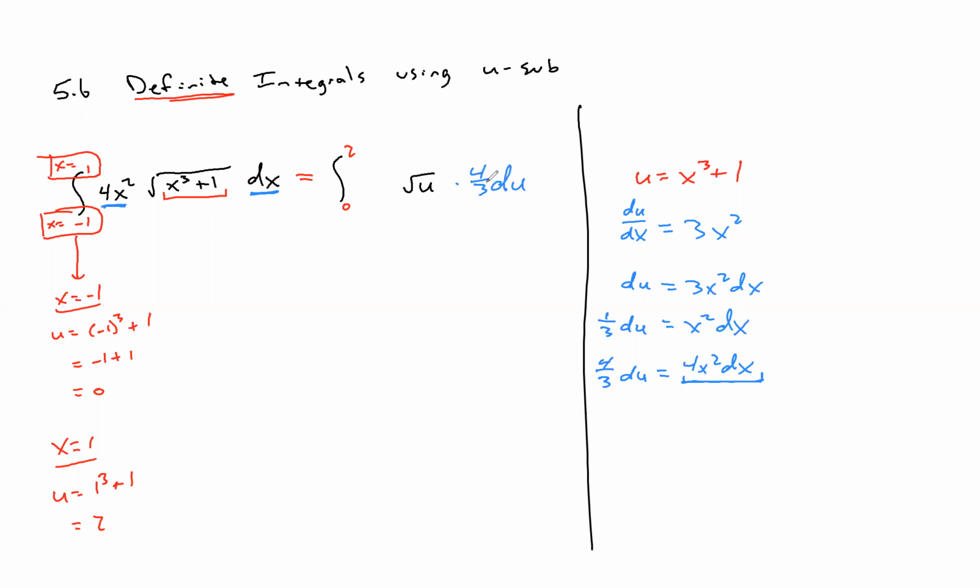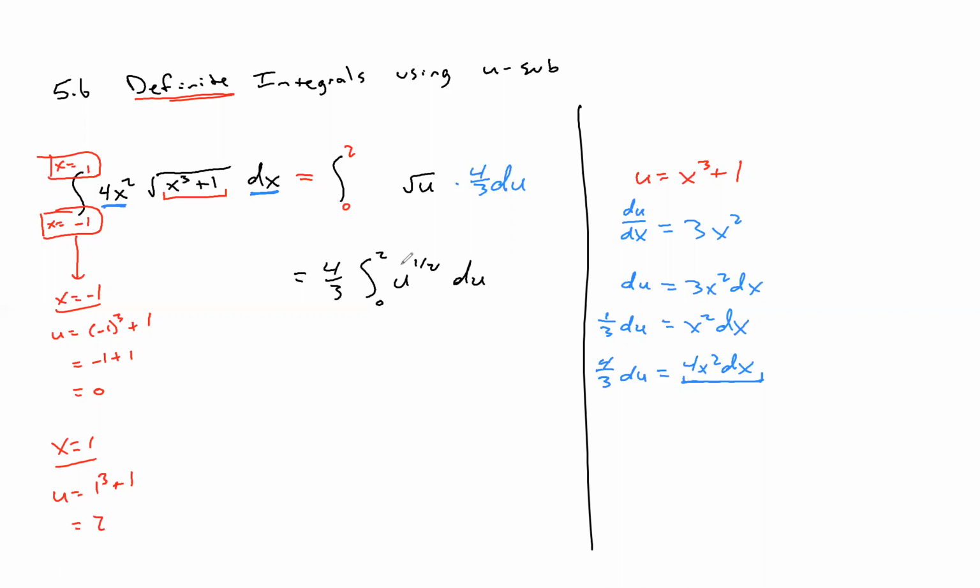First of all, I see this 4/3 du. 4/3 is a constant. When it's being multiplied inside our integral, we can bring it outside the integral, so I'll just bring the 4/3 out. 4/3 times the integral from 0 to 2. And we don't like to think of square roots when we're dealing with derivatives or antiderivatives. I'll write this as u to 1/2.